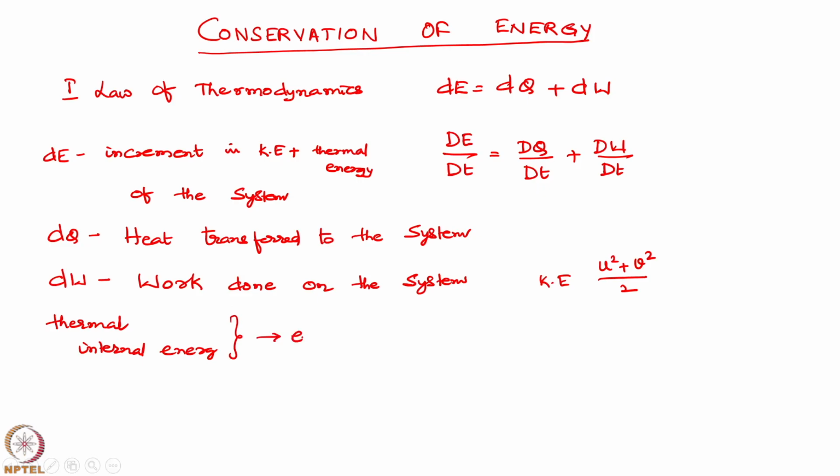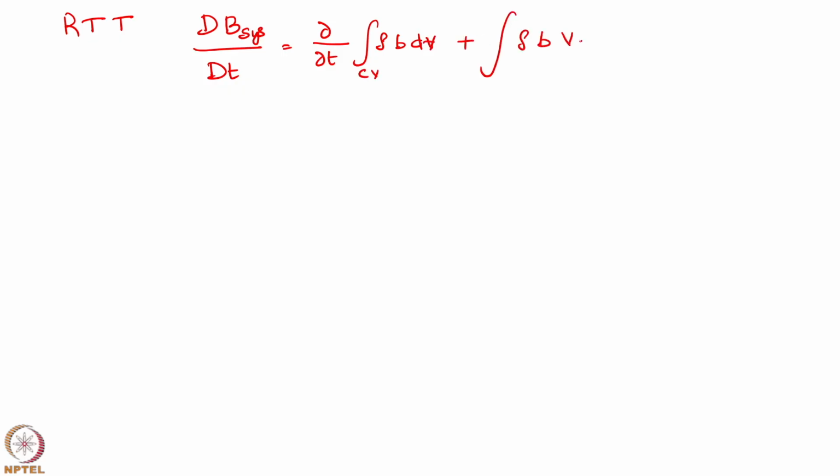Now let us try to apply the Reynolds transport theorem, RTT, for conservation of energy. That is dB system divided by dt is equal to dou by dou t of rho b dV for control volume plus rho b V dot n dA across the control surface CS.